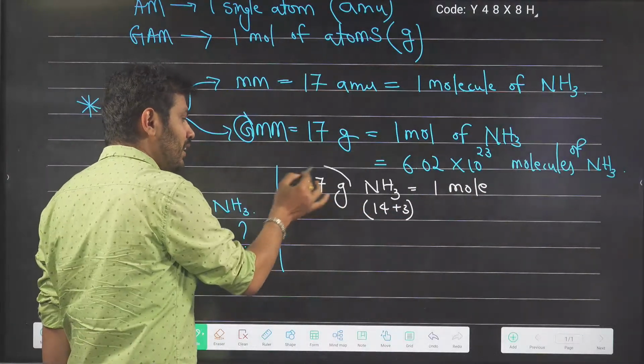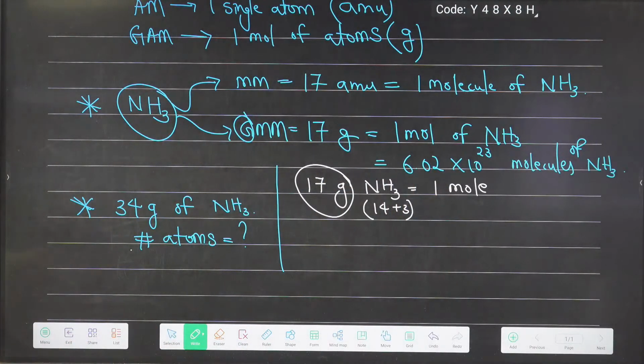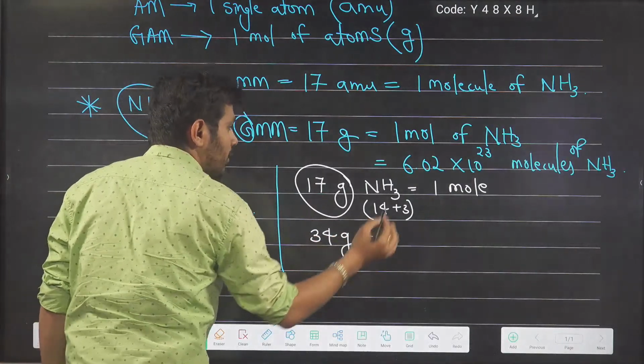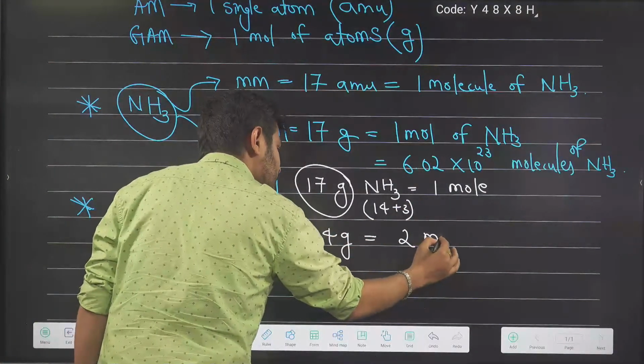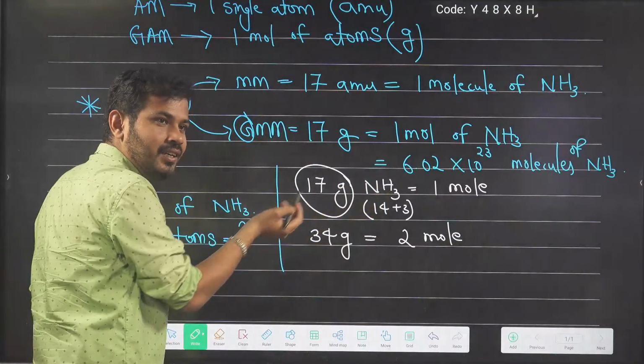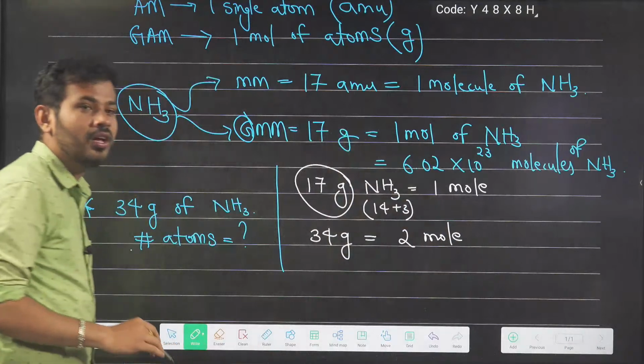So 17 gram means it is 1 mole, but we have 34 gram. How many moles will there be in 34 gram? It is double, right? So 34 gram will be 2 moles. It is just the double of that. 1 pen 5 rupees, 2 pen 10 rupees. Just like that we have calculated 34 gram is 2 mole.